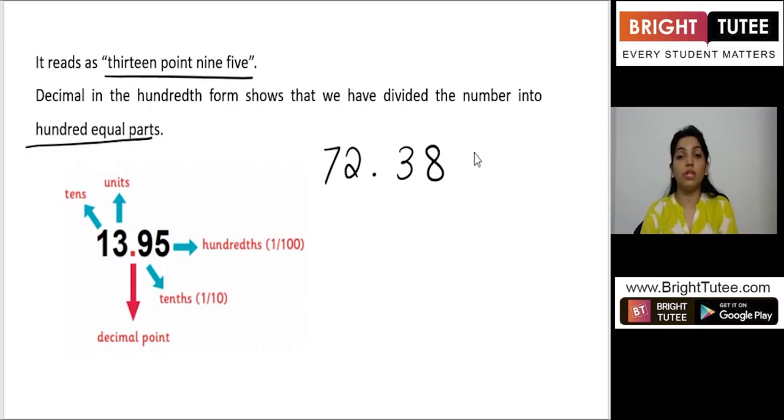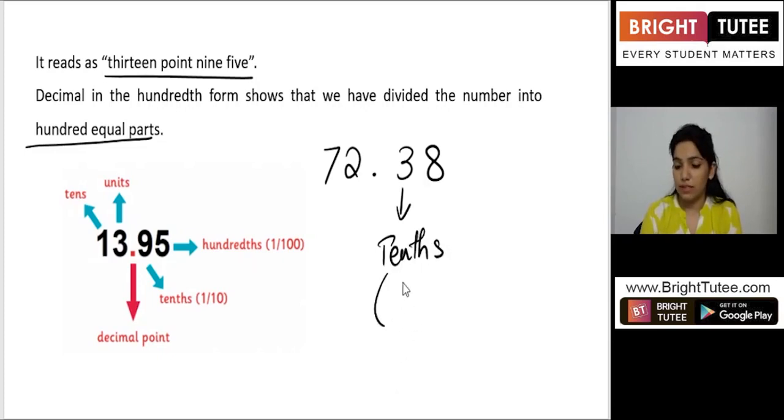Can you tell me which number is sitting at the tenths place? The number sitting at the tenths place is 3. That is basically 1 over 10. And here because 3 is sitting, it is 0.3. Which number is sitting at the hundredths place? So it's 100.